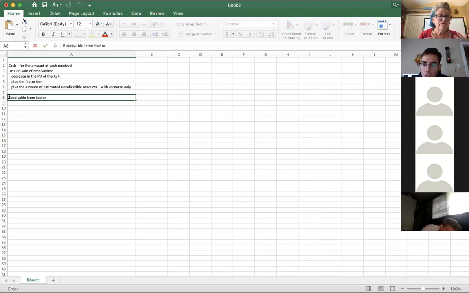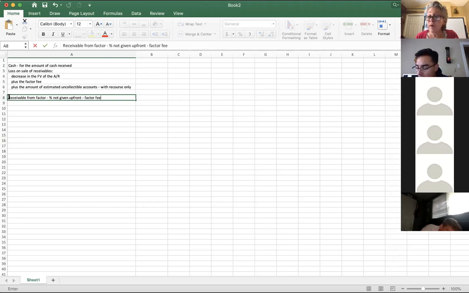So the amount of your receivable from the factor is going to be the percent not given up front, and could also be decreased by the amount of the factor fee.